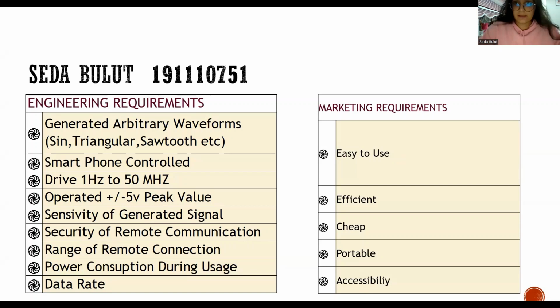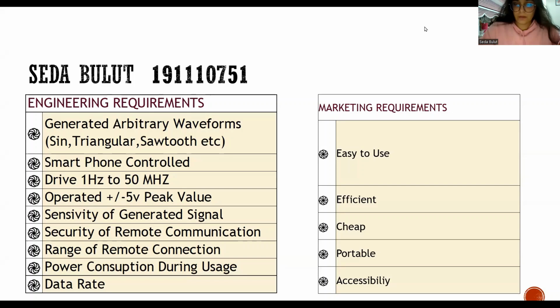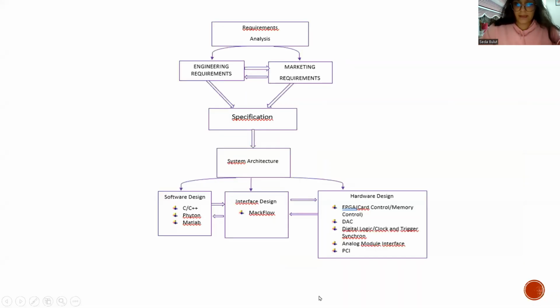You can see as engineering requirements examples of data rate and power consumption during usage, and as marketing requirements examples of easy to use, efficiency, cheap. And on the other slide, there is a flow chart that shows the steps we passed through in the project and where we are now.